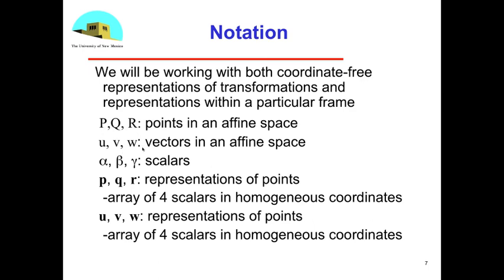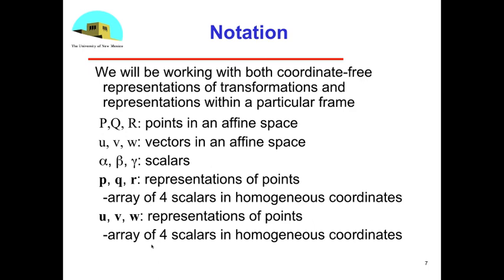The same with vectors, I'll use lowercase but non-bold letters. Scalars will use Greek letters. Now, if I'm talking about representations, then points will be bold-faced Roman characters P, Q, R, so I can distinguish them from the abstract entity without representation. And likewise, I'll use bold for the representation of points.